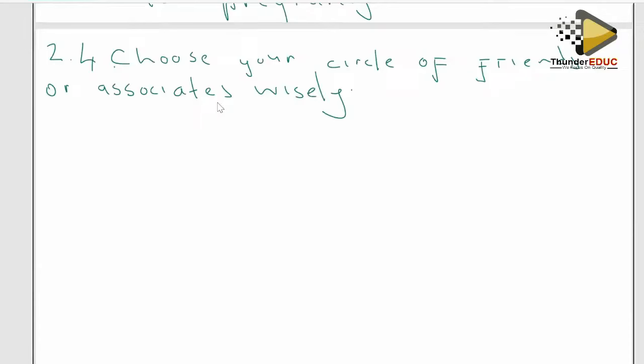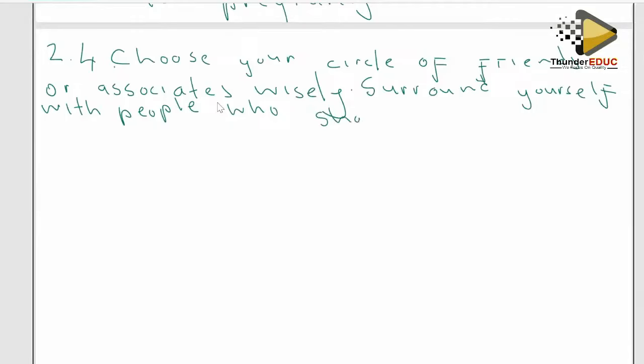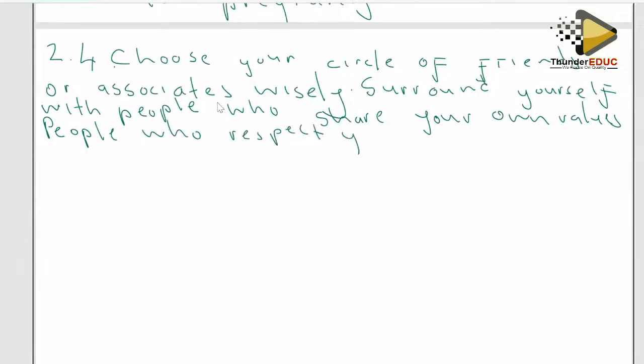So the first thing which we can say is, surround yourself with people who share your own values, who respect your choices as well.